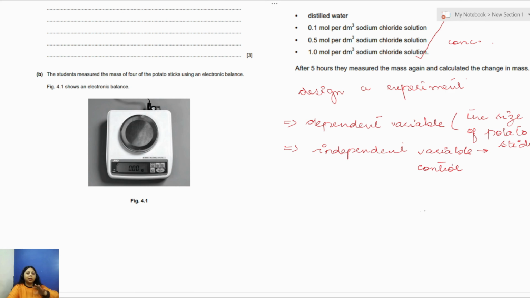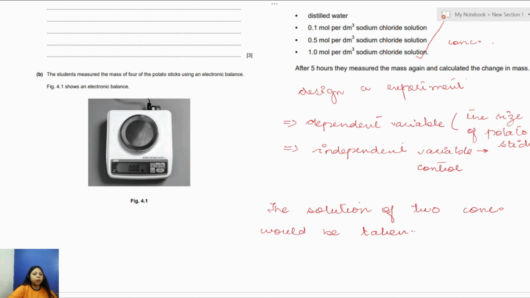Definitely we are not going to write like this. We would say that solutions of two different concentrations would be taken. This is your point number one. Marks would be given on this point number one.